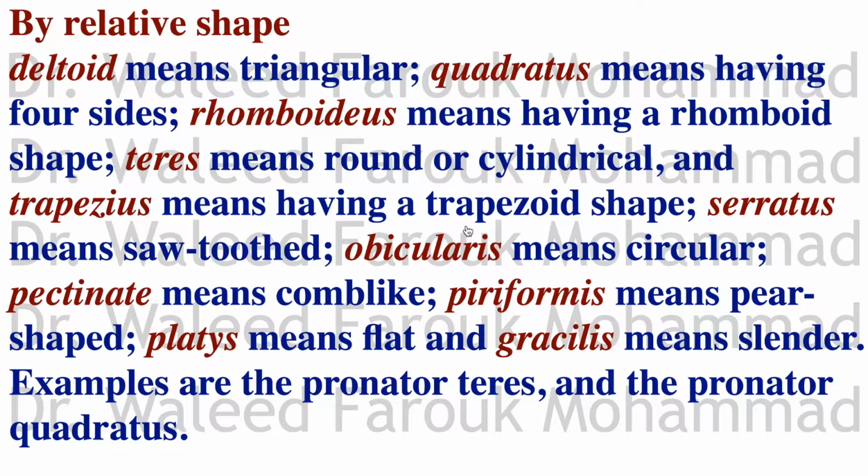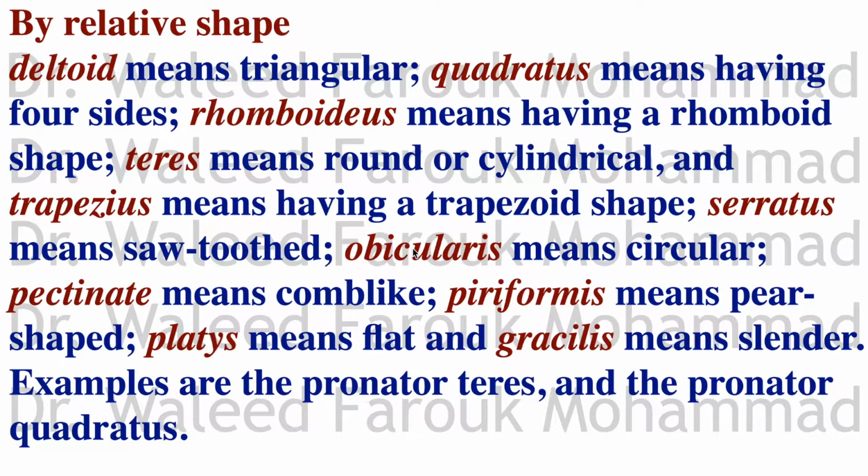Orbicularis means circular. Pectinate means comb-like. Piriformis means pear-shaped. Platys, like the platysma, means flat. And gracilis means slender, like the gracilis of the lower limb.